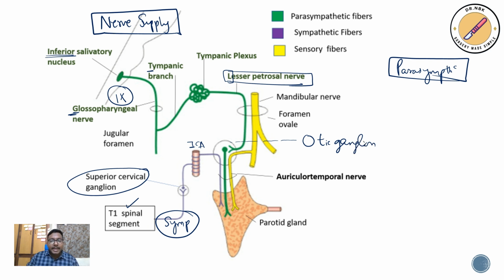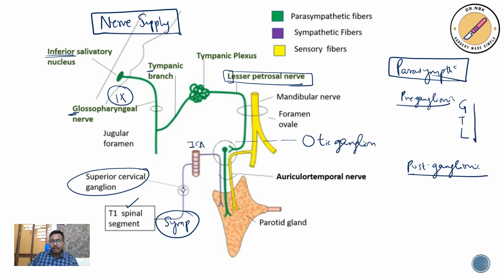So, what are the preganglionic and postganglionic parasympathetic fibers? Preganglionic is by the glossopharyngeal nerve, followed by the tympanic branch of the glossopharyngeal nerve, then the lesser petrosal nerve.